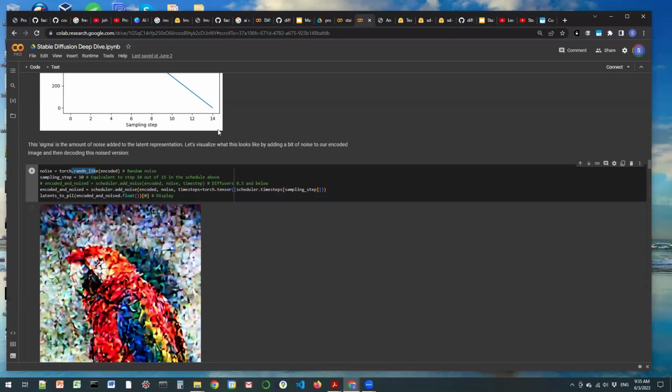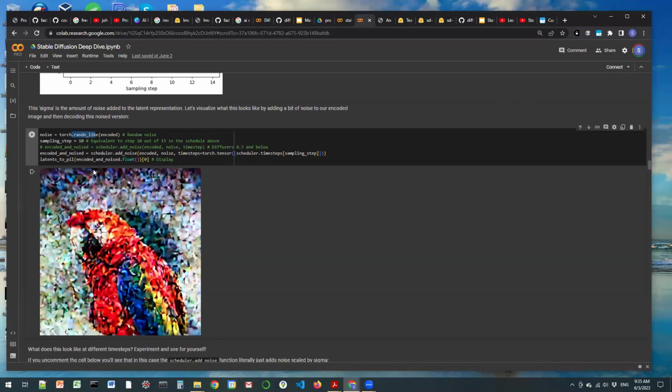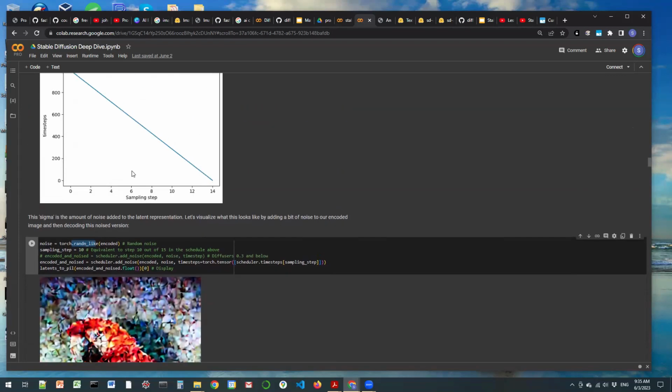Now obviously I'm not connected, but I've played with it, and if you change this to 0, you'll see complete noise in the plot below. If you change it to 15, you would see a different image. This particular image corresponds to step 10. So step 10 is somewhere here, right?